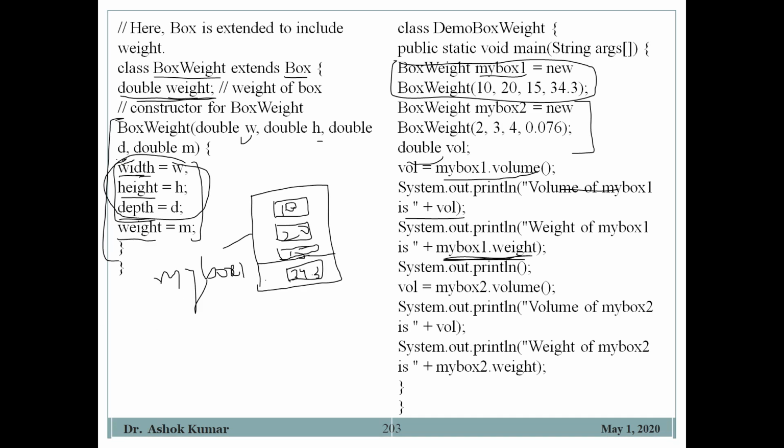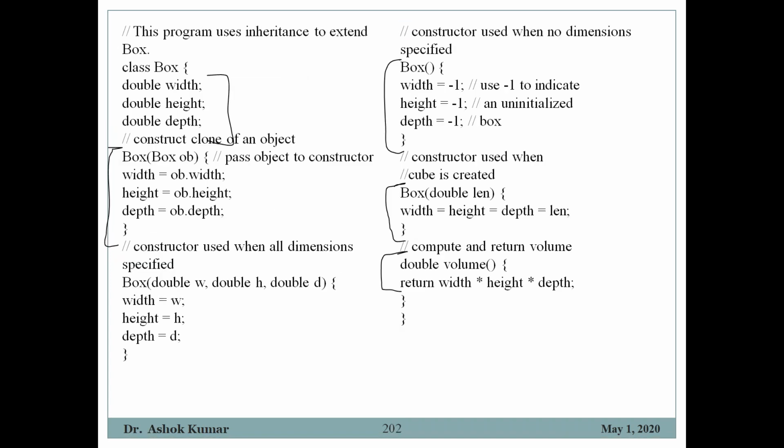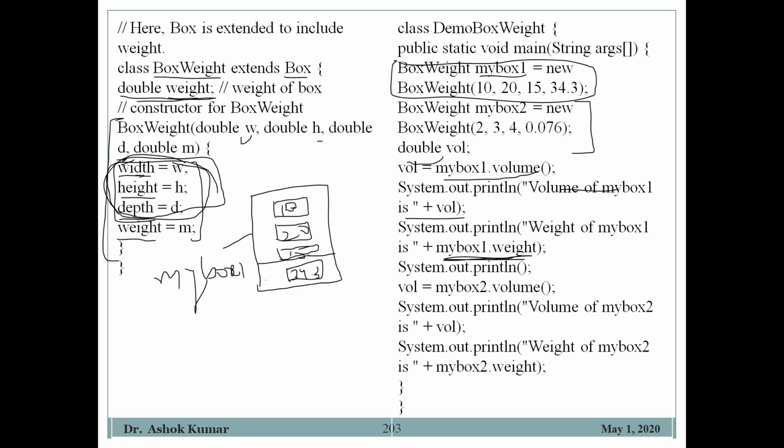This is redundant code, we can say. Over here we are assigning values to the width, depth, and height, but in the base class we have the code to assign the values, and that is this constructor. So it will be better if, in the subclass, instead of assigning the values, we use the base class constructor to initialize these three members. That will be considered better code. This we are going to do in the coming slides.